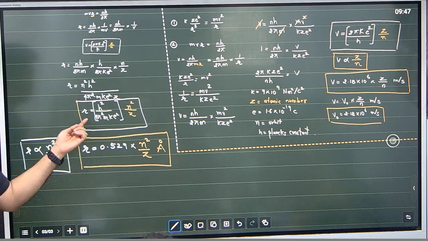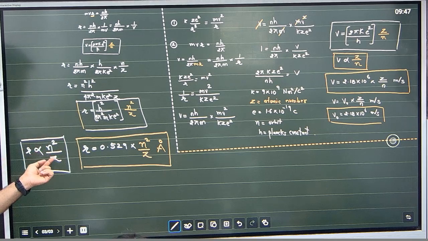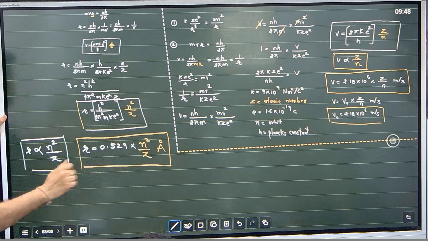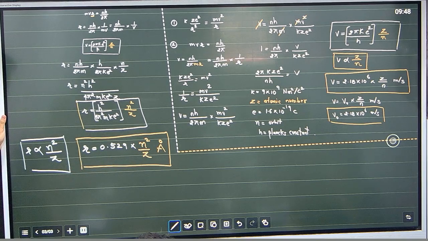Now tell me the relation between radius and Z. I want to compare the size of hydrogen and lithium, or let's say if I go in the same period, I want to compare, let's say, nitrogen and chlorine. Which has the greater atomic number?